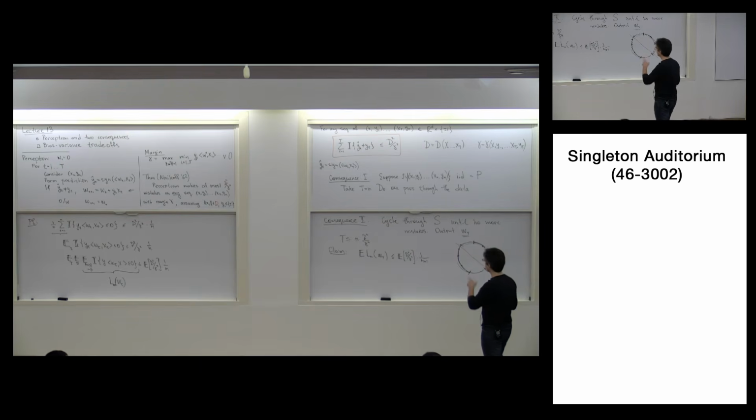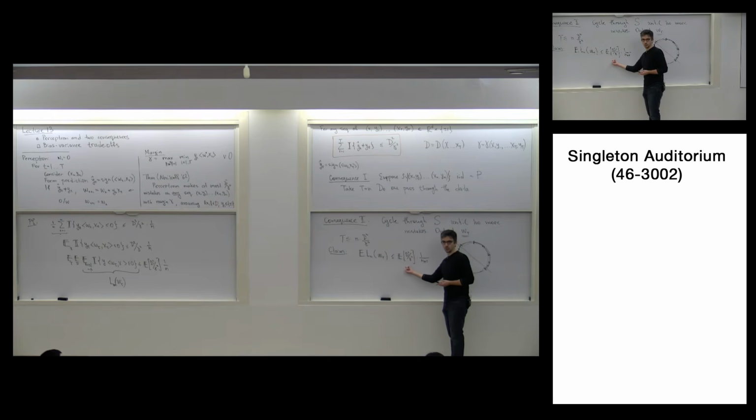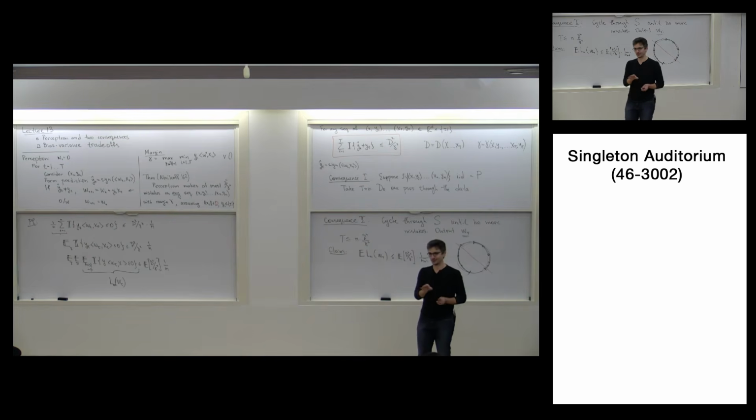If that quantity is 0, then the result is trivially true, right? Because you get infinity. You divide by 0. Right, so now this is going to get into a lot of little detail.